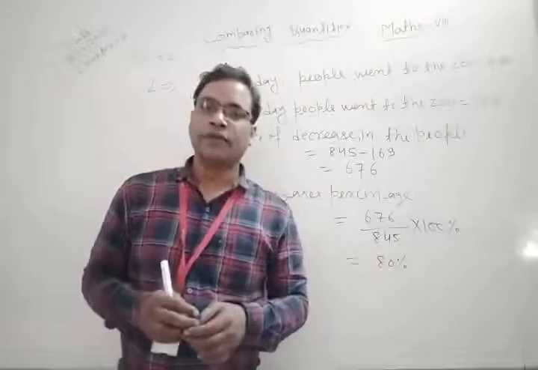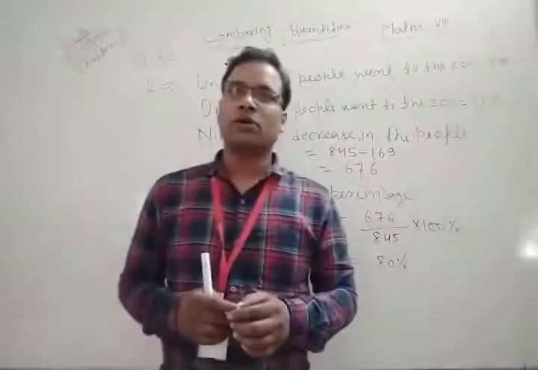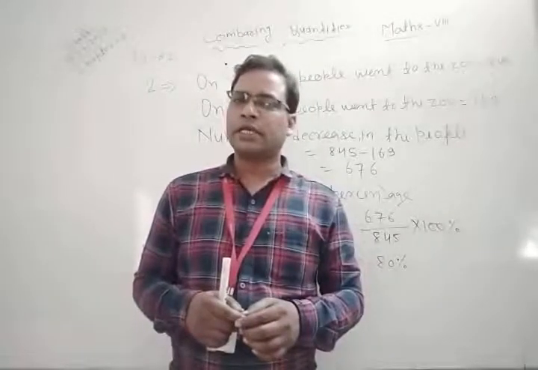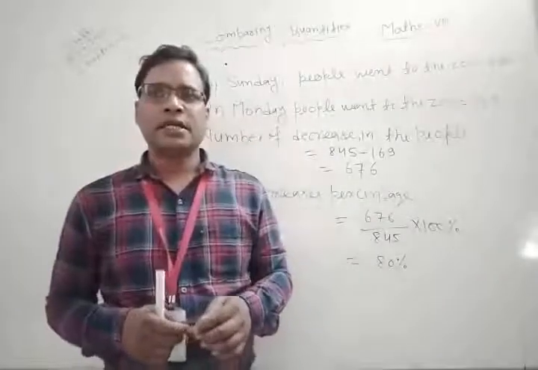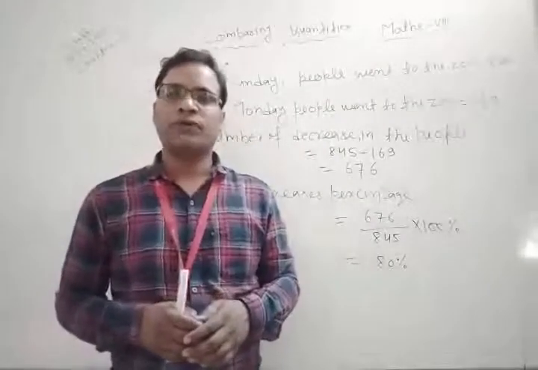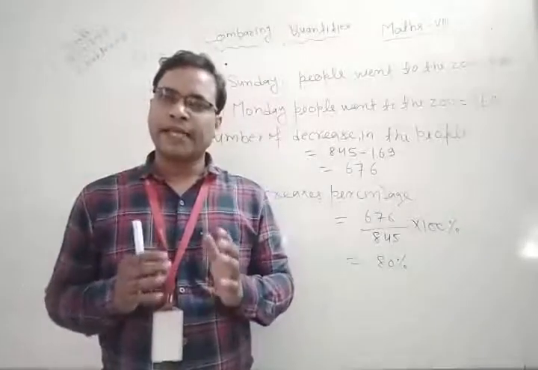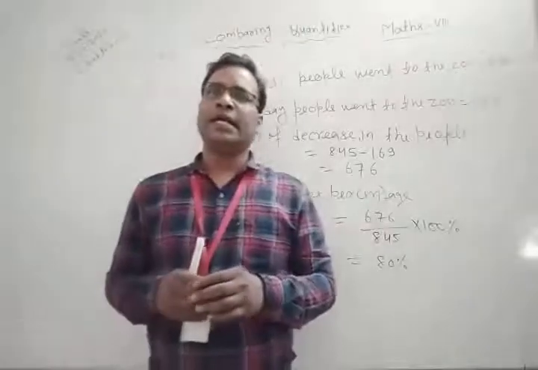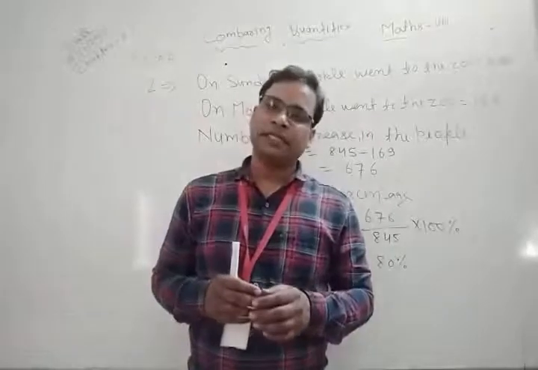Now we are going to discuss the next question, question number 3. A shopkeeper buys 80 articles for 2,400 and sells them for a profit of 16%.